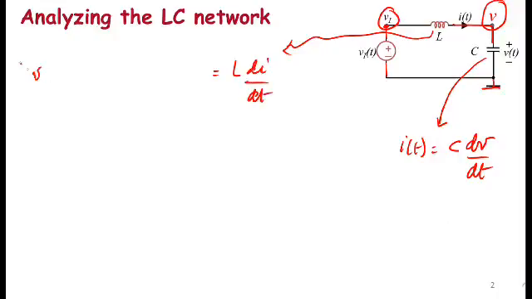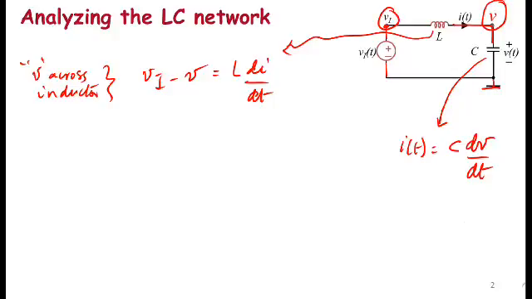So this is the V across the inductor. And in this case, what is that voltage? Well, that voltage is simply Vi minus V. So Vi minus V is the voltage across the inductor, and that is simply equal to L di/dt.